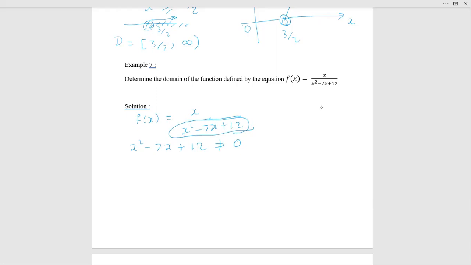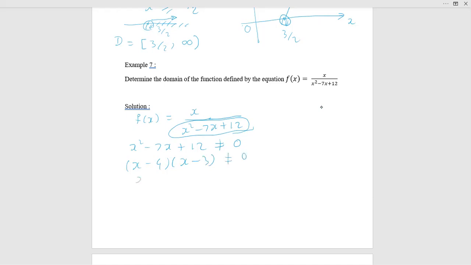Now let's find for what x values this denominator is 0. To find that, let's factor this. Factors of 12 that give us 7 are 4 and 3. This is (x minus 4) times (x minus 3) not equal to 0.